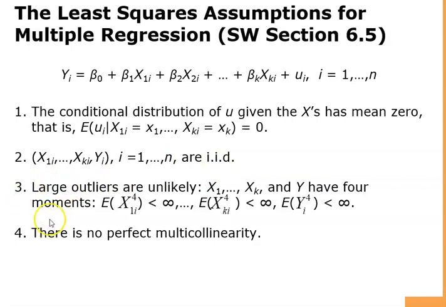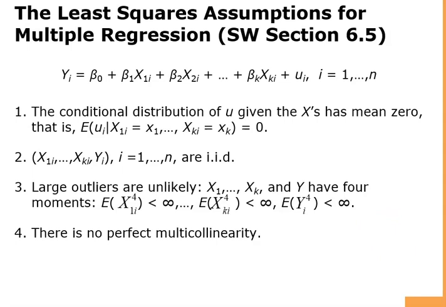The third assumption is that large outliers are unlikely, so that was the assumption before, and it remains the same, that all of the x variables and all of the y variables, the kurtosis of all of those is less than infinity, which means that there are no huge outliers. This fourth assumption is a new one, that there is no perfect multicollinearity, and we will explain more of that in the upcoming slides.